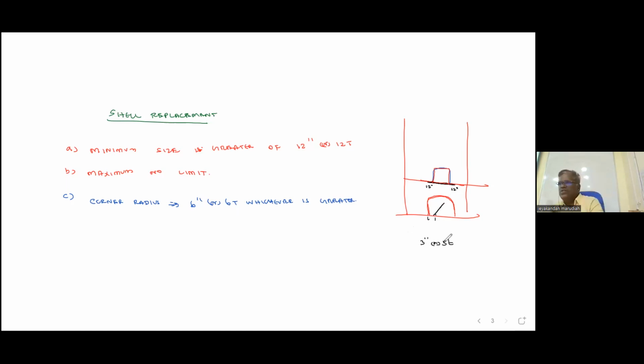Definitely, whatever I said, there will be at least one question. Again, I will repeat: shell replacement plate, definitely there will be one question. The first one is the closed book question; all the others I said are open book questions. So what are the key points you should know? The minimum size is the greater of 12 inch or 12T. Maximum, no limit.